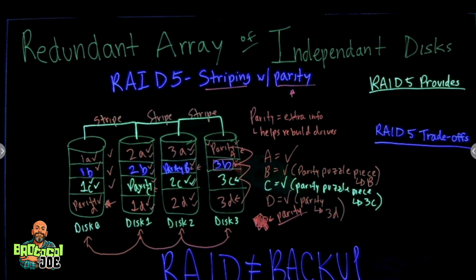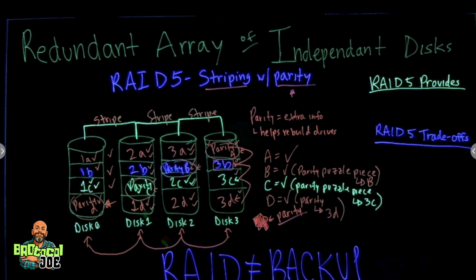Parity of A, 3B, 3C, 3D. So every single one of these drives has a parity data block in it. So what this tells you is if you have these 4 disks, you can survive one hard drive failure because your parity is filling in the gaps on whatever drive fails.